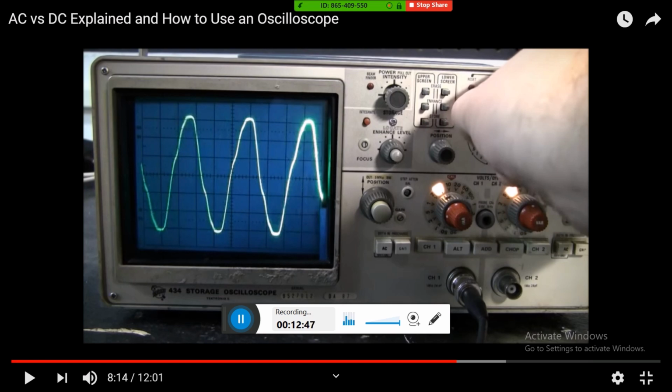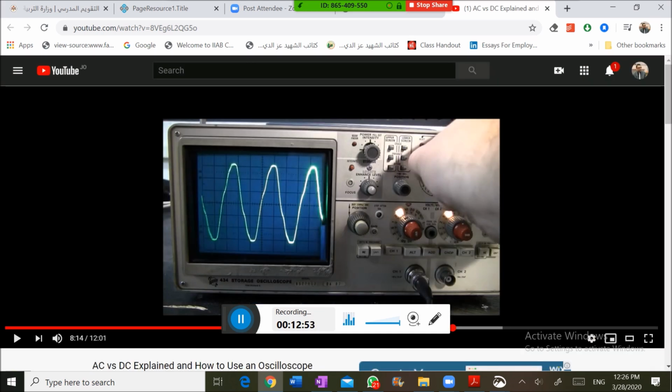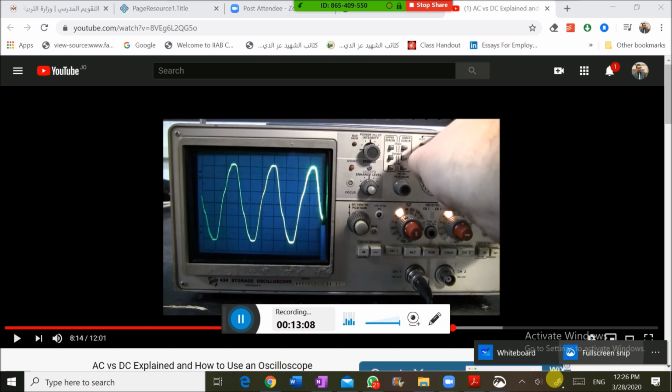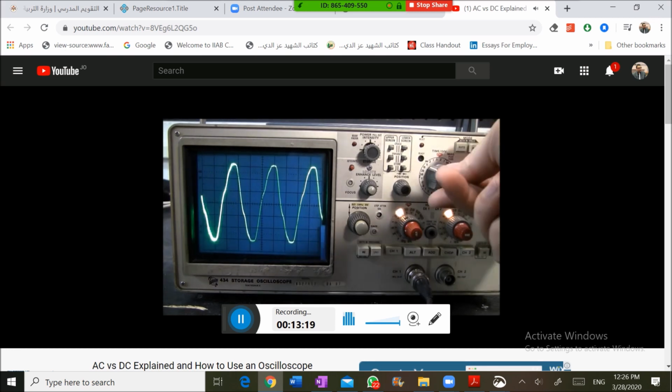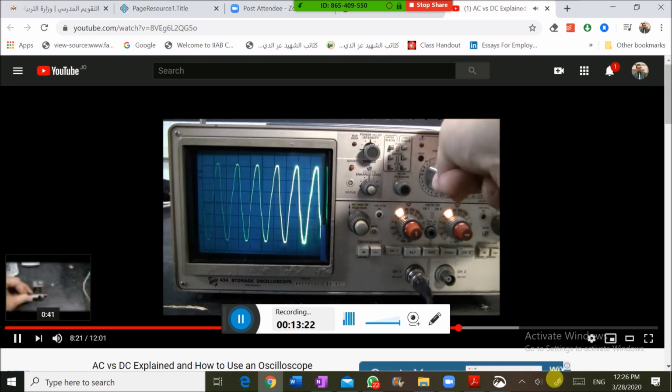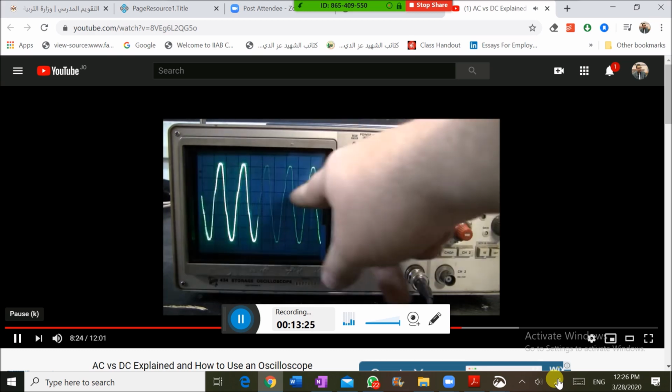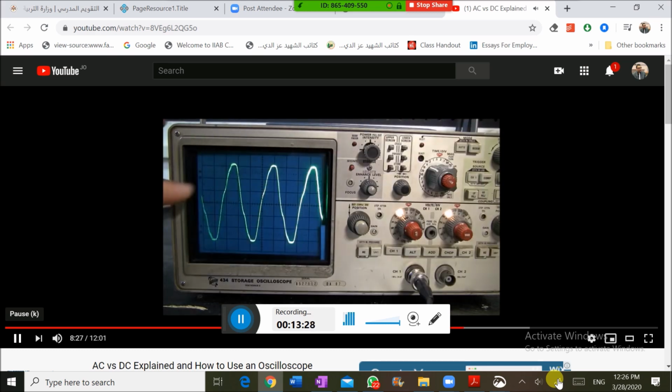Using the time scale, we can control the number of waves that will appear on the screen. Accordingly, we control the period on the screen, not the actual period. So I may measure this using the following concept.